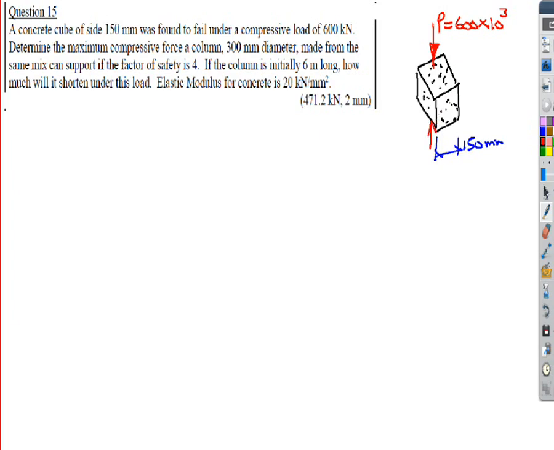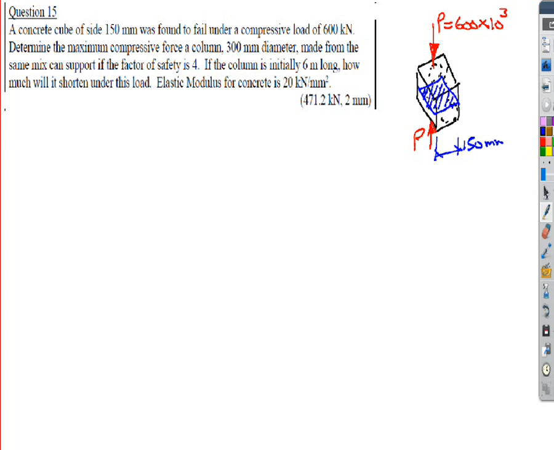I've put P top and bottom, but it failed at that load. So the first thing we're able to do here is to calculate the failure strength of this component, this cube. Now don't forget we'll be after the cross-sectional area here, and that will be through here, the cross-sectional area. So we'll do it shaded.